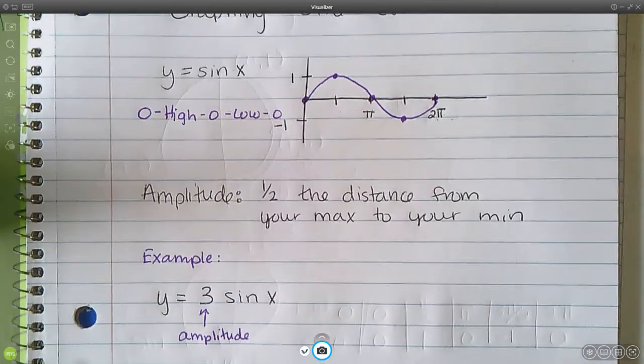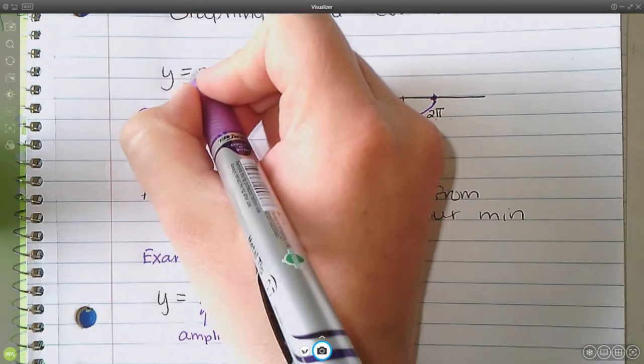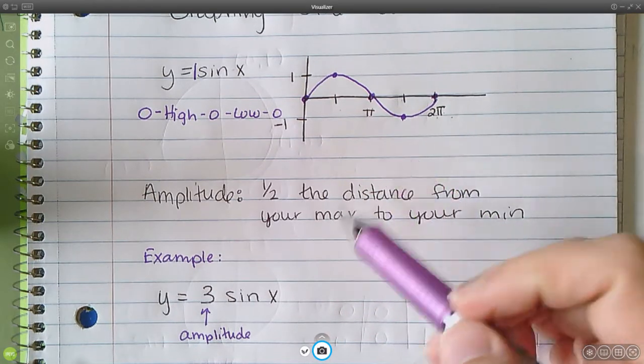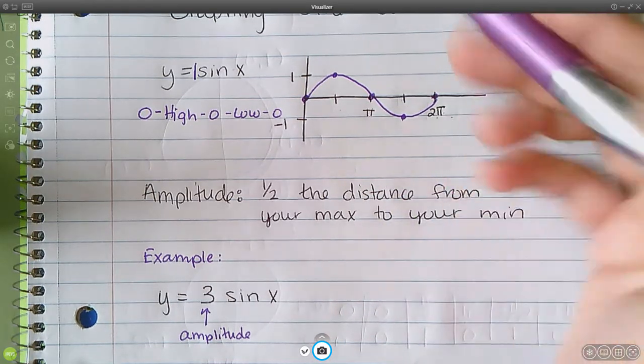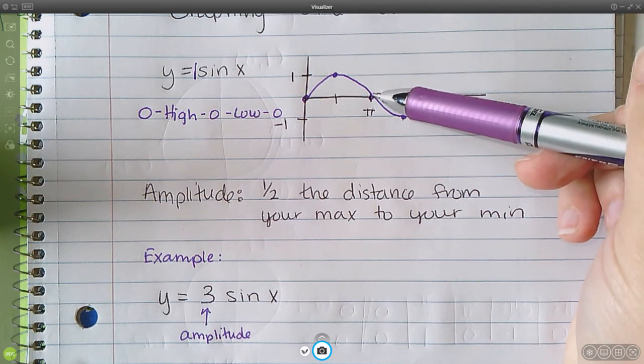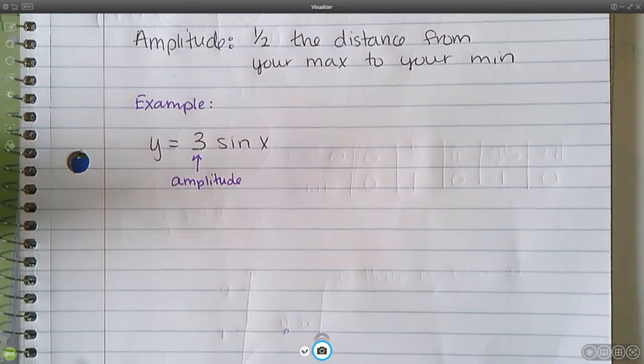So if you go back up to this one, what number is out front? Oh, it's a 1. Technically, there's a 1 right here. So our amplitude, which is half the distance from your max to your min, is 1. So from here to here is 1, and from here to here is 1.